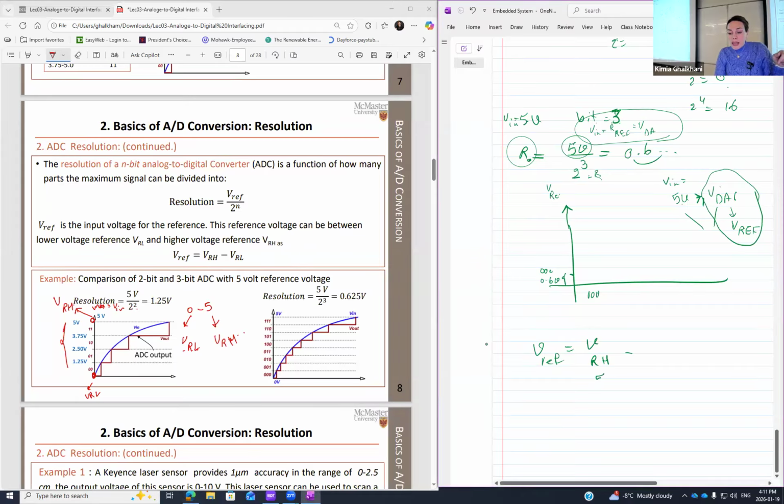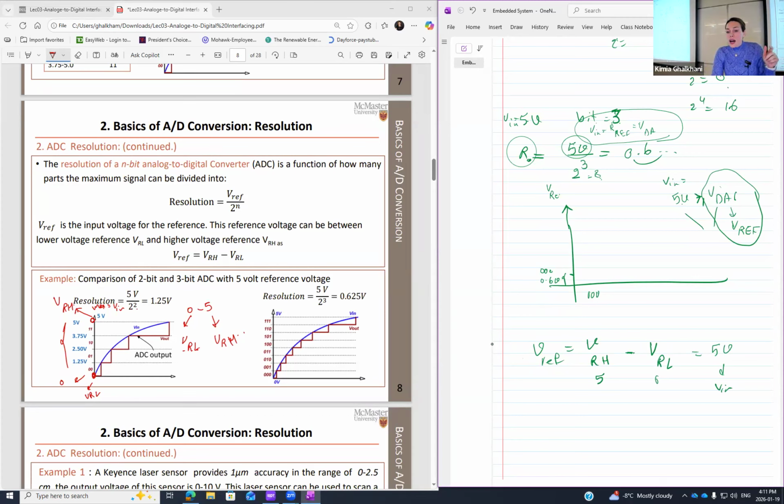In this example, my maximum is 5, and then I have to have the minimum. Minimum is VREF low, and low in this example is 0. Therefore, that's why my VREF is equal to my VIN. Now makes sense? Ella, it makes sense?